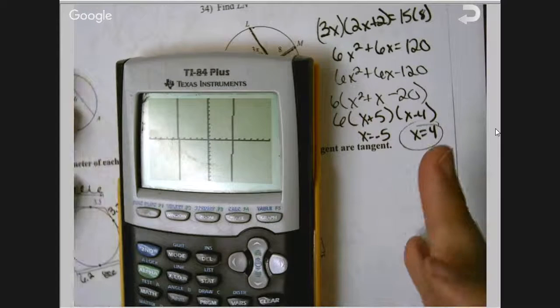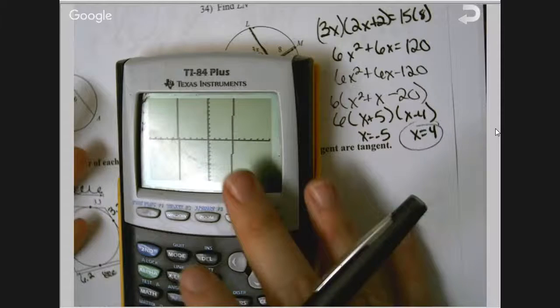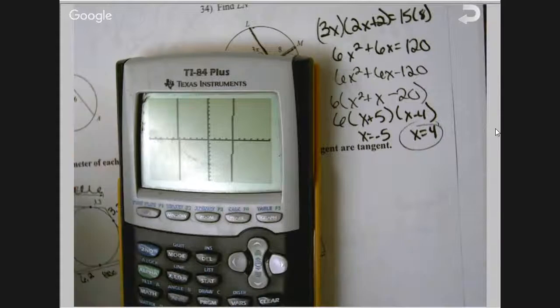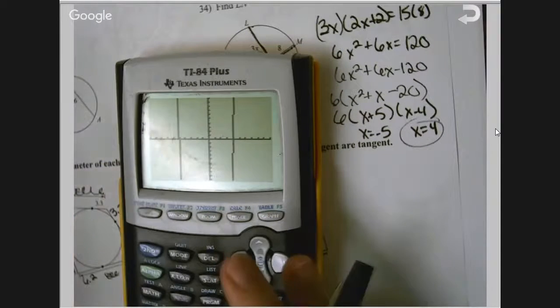The negative one, yet again, you're throwing out because of negative measurements, so positive 4 would have been your answer. So anytime you're trying to solve for x, you have the option of graphing. If you see that your solution is a giant number, though, not like a normal 4 or something, then you may want to reconsider because it's going to be harder to find on your actual calculator. But that's up to you. I leave that up to preference.